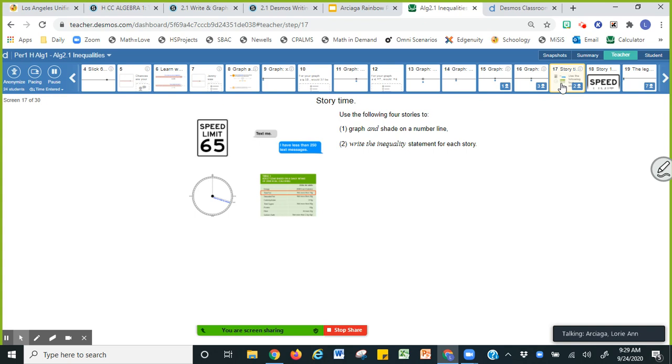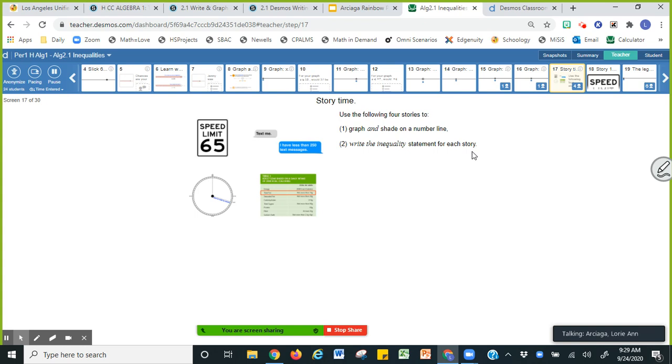So either find a version that is really neat and the picture is shown very clearly, or you can also take a picture of it yourself if you can see it in your neighborhood. But for your chapter 2 project, you'll be looking at some signs, and we will be modeling them by using inequalities, in the same way as you see in these story time slides.